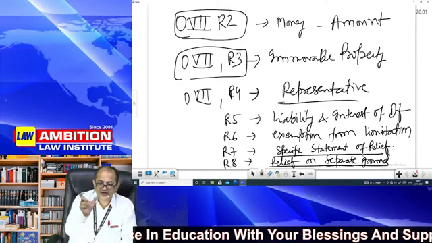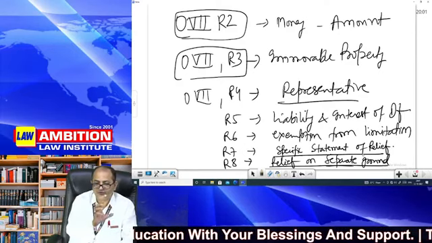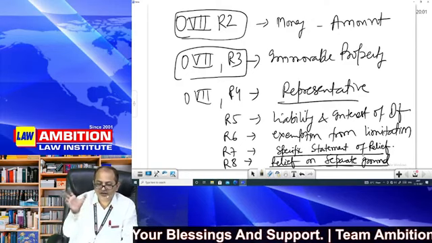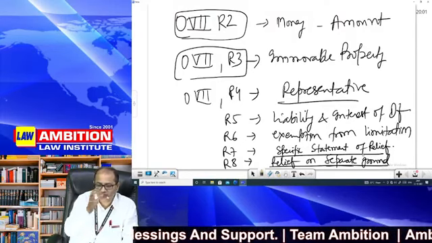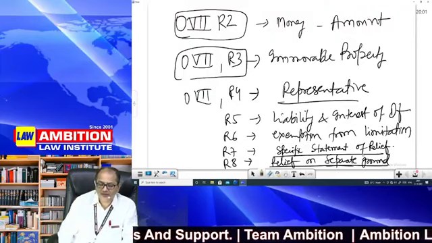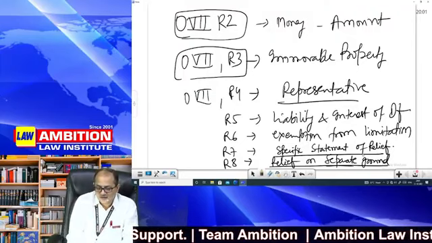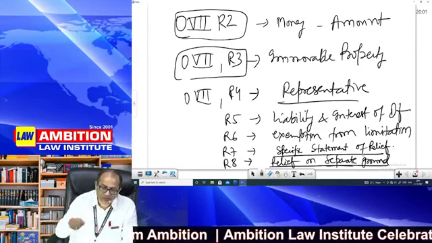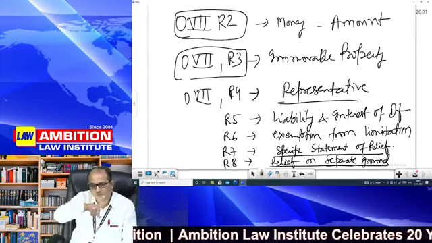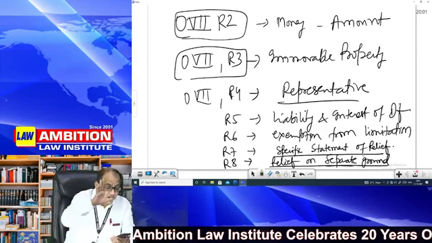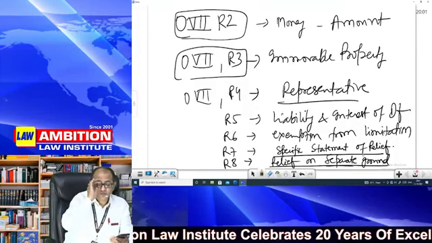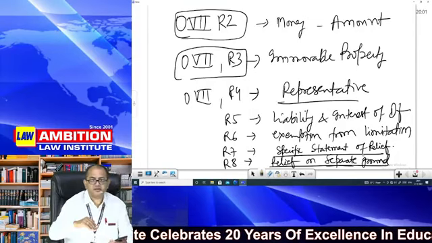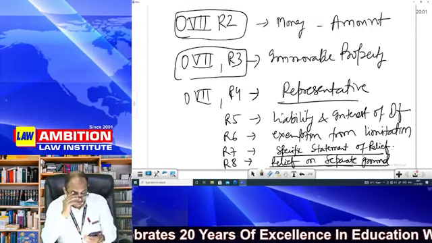You give 3 days each to CrPC, CPC, Constitution, and 2 days each to IPC, contract, something like that. You make a routine of 20 or 25 days for Rajasthan, because you do not have much time, only 1 month. And solve questions of previous years and also of other states. That is going to help you a lot. You solve questions, and if you are not able to solve a question, then you see the bare act. So this is how you can remember better.